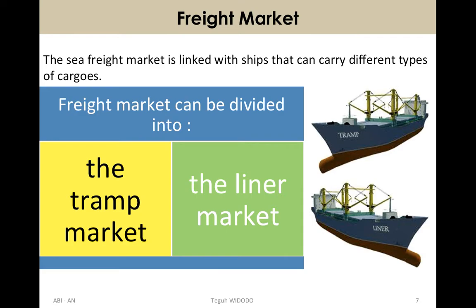And then the subchapter freight market. We know that the sea freight market is linked with ships that can carry different types of cargo. Freight market can be divided into two parts. First, the tramp market, and the second, the liner market.